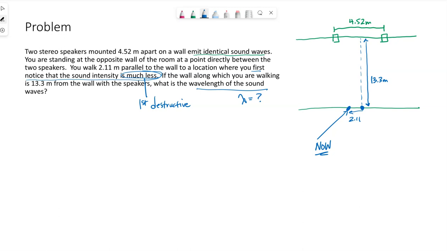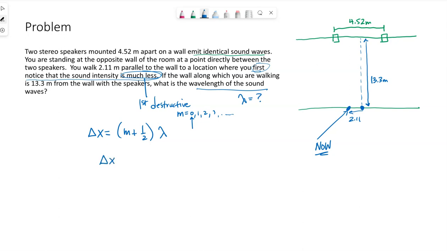All right, so since the waves are identical, destructive interference is this condition, or equation, I guess I should say, of delta x is equal to this quantity of m plus 1/2 times the wavelength of the sound waves that we are listening to. Since this is the first location, and m can be 0, 1, 2, 3, so forth, the first location of destructive interference occurs when m is its smallest value of 0.